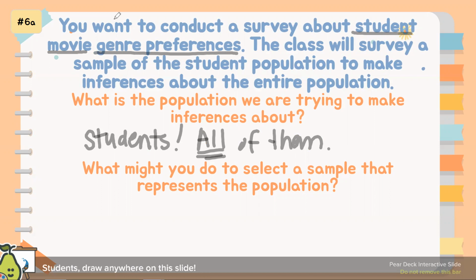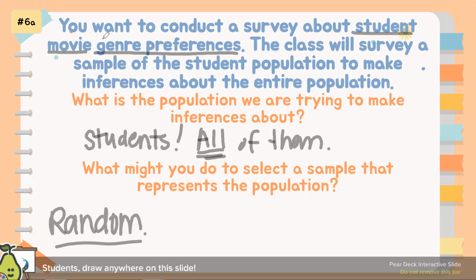So what might we do to select a sample that represents that population? Depending on how we want to select this survey, we probably want to do something random. We want to definitely use some sort of random sampling of our populations. Let's just say we start locally with our local high school.